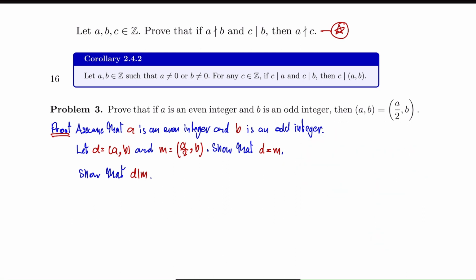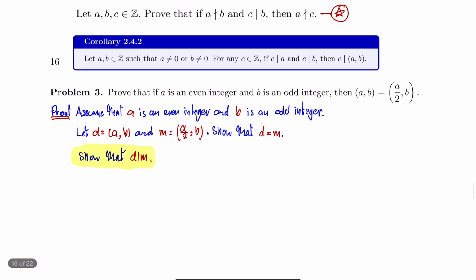And the first thing I'm going to do is show that d divides m. So now let's take a look at d equal to the greatest common divisor of a and b. Since d is this greatest common divisor, d divides a and d divides b, right?